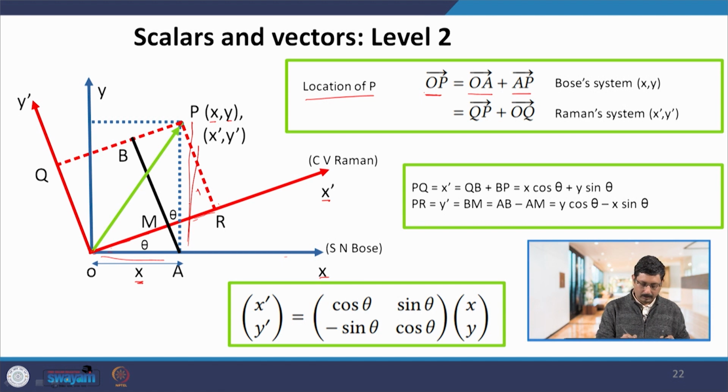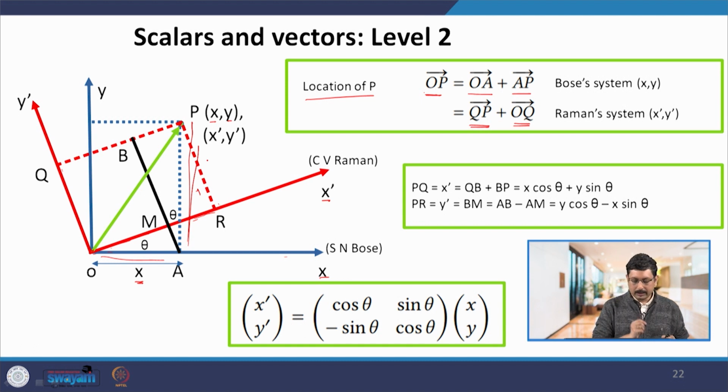You can also think of it this way: you can first go along the y axis, along OQ, and then in a path which is parallel to the x axis of the red coordinate system, which is QP. So, this is the equation written here, QP plus OQ. From the figure you can see that both paths reach the same point P.